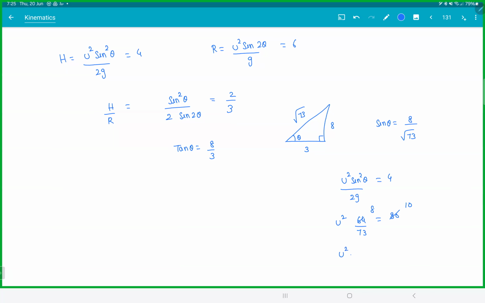So u square would be 730 by 8, so u is root of 730 by 8. You can simplify further, but yeah. Theta is cot inverse 3 by 8. Yeah, same thing, right? Tan, cot.